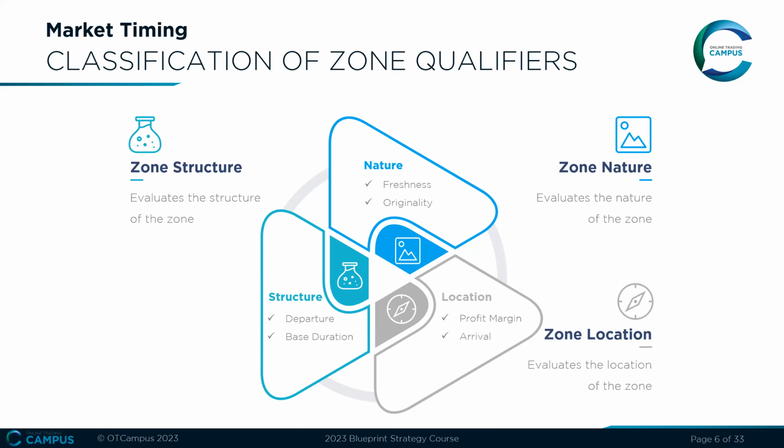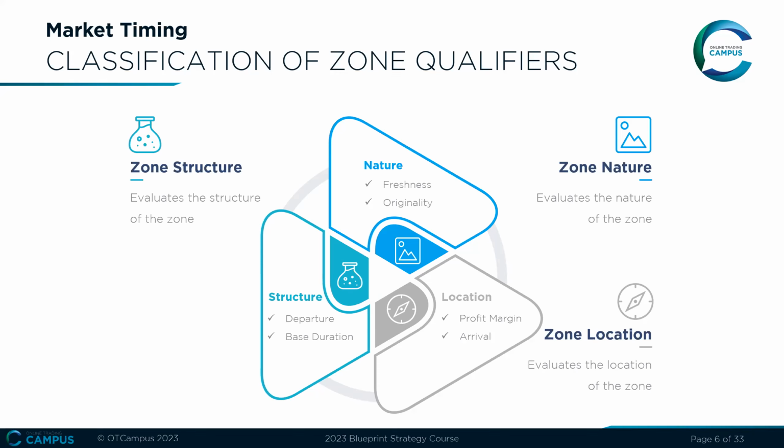This is also an important understanding from the get-go, that when it comes to market timing, there's going to be subjectivity and a lot of gray, which in the beginning I'm trying to rule out.